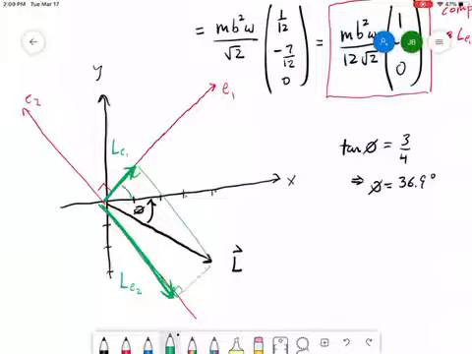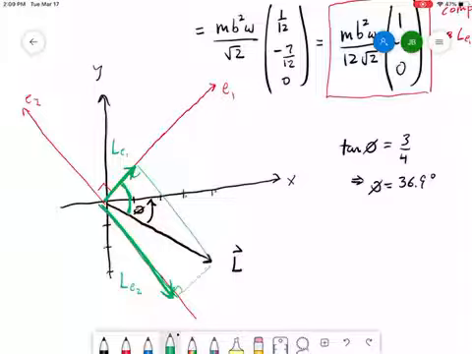So the angle in here, sorry, that's not the angle that I want. I want this angle.